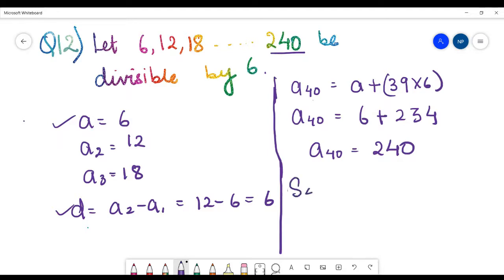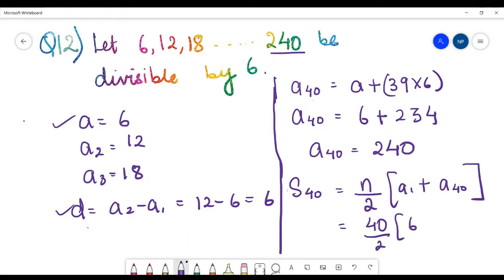Now we can find out S40 easily. We can use the second formula n by 2 times a1 plus a40, because we have to find the sum of the first 40 terms. So n will be how much? 40. Just simply put it in the formula. This is 40 by 2 into 6 plus 240, right?